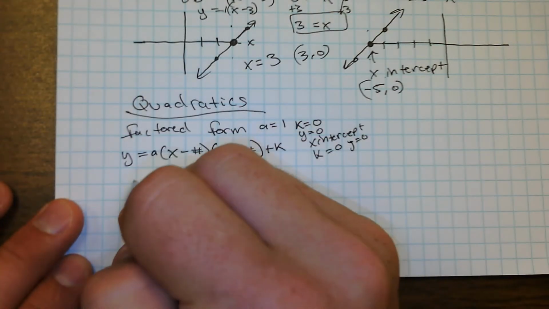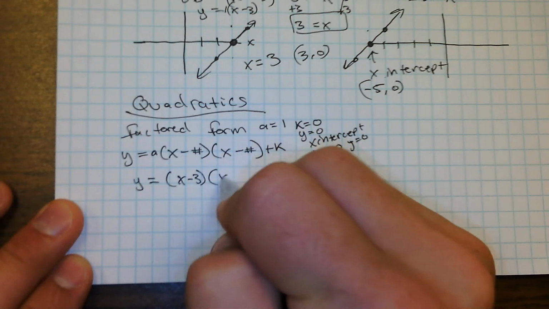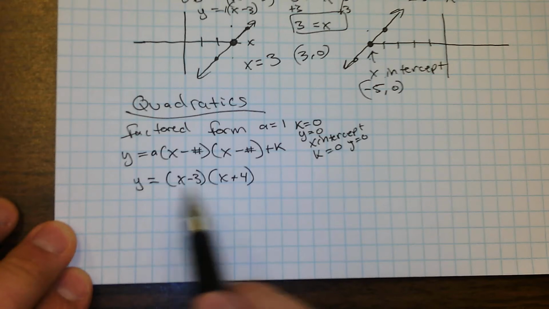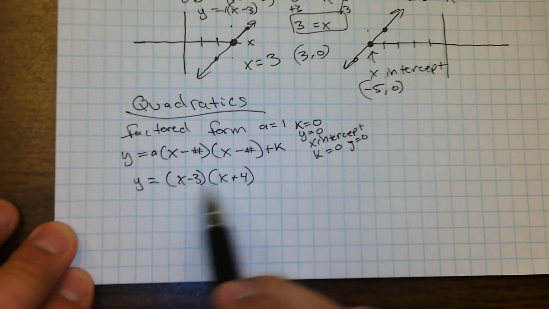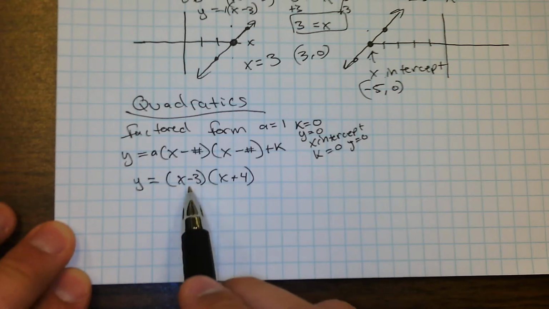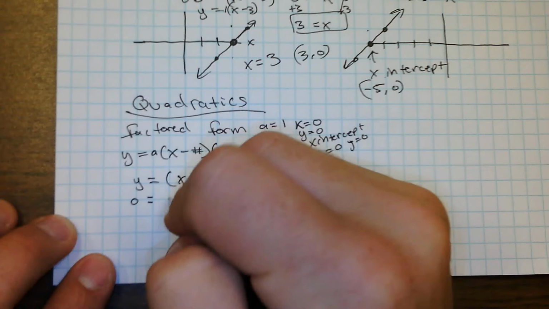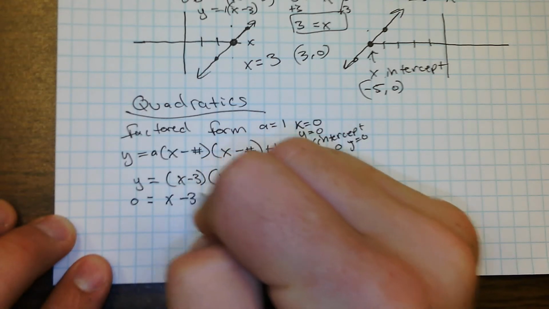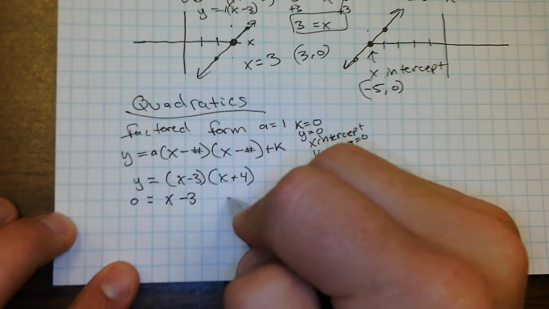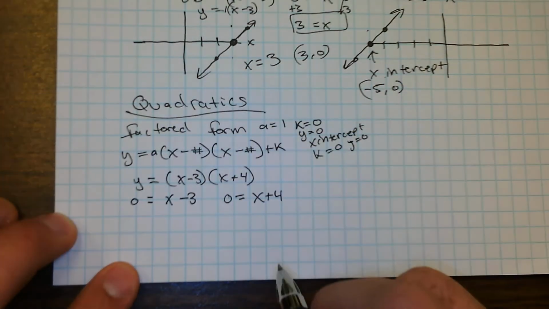So looking at this, we'll have y equals x minus 3 times x plus 4. Because we have two roots here, we have to separate both of them. First set y equal to 0, and then we're going to have x minus 3 as the first root we're going to solve for. But also, we'll have 0 equals x plus 4.